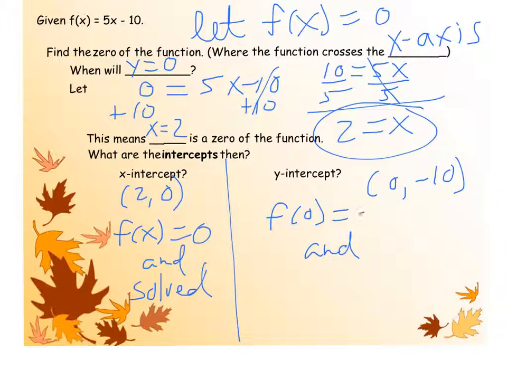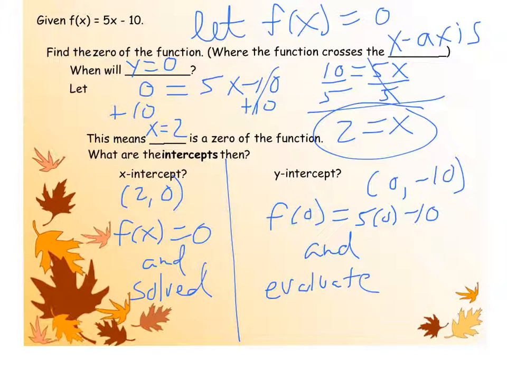And you'll see here that that would be 5 times 0 minus 10. I put 0 in for x, and I evaluate. Neither one of those are really mind-blowing concepts. You just have to be very careful not to confuse the two. What you'll see from time to time is that you may be asked to find a y-intercept, and somebody will go through the work to find an x-intercept, and vice versa.